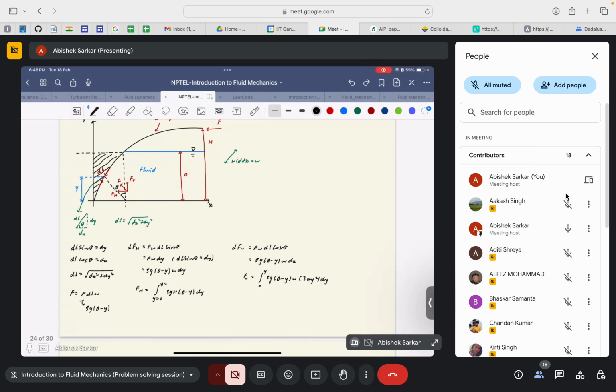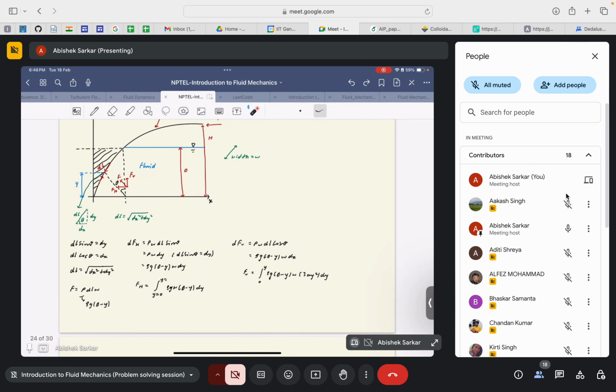If this is the force, then the horizontal force would be F sin theta, and the vertical force would be F cos theta. So the horizontal component is given by Pw dl into sin theta, where we know that dl sin theta is dy from this expression, then dFh is Pw into dy. Pressure is again rho g (d minus y), so dFh would be rho g (d minus y) w into dy.